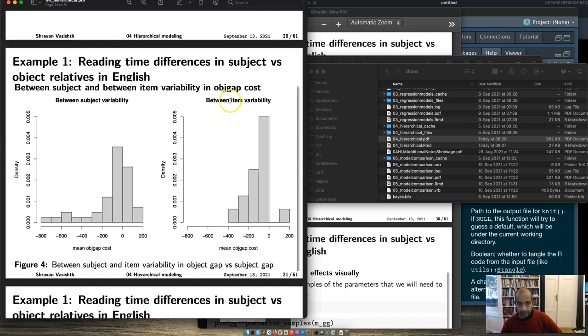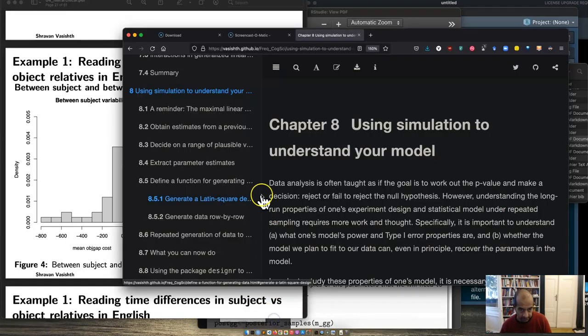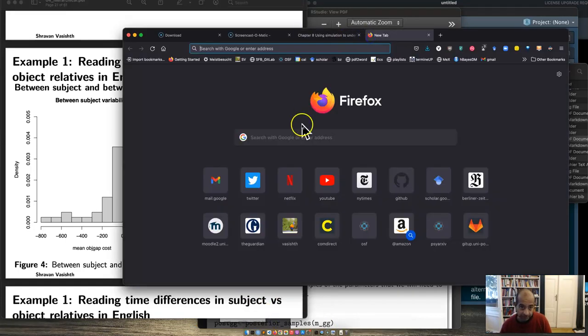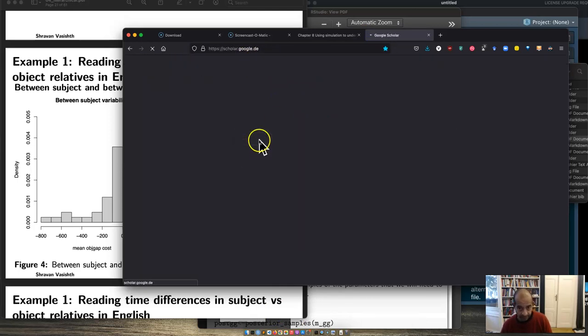Of course, you could set up your experiment such that item variability is also very large, right? And there's actually a paper by Tal Yarkoni. This is worth digressing and discussing for a few seconds.